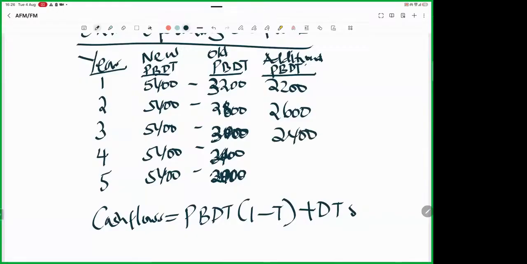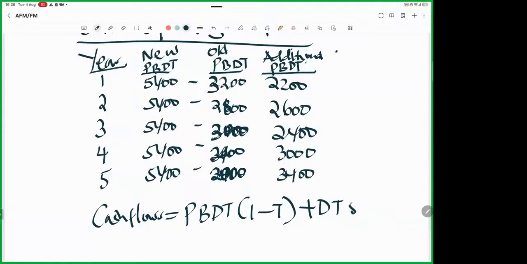The fourth one, 3,000. The last one, 3,400. Now give me the incremental cash flow, using this approach.